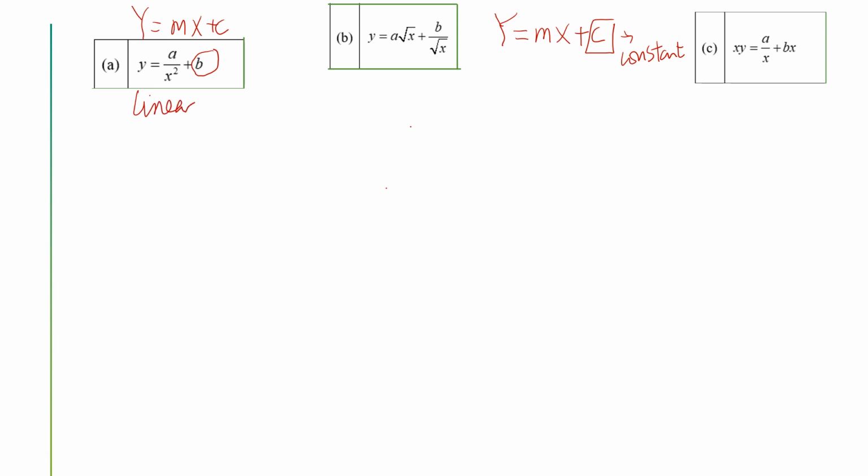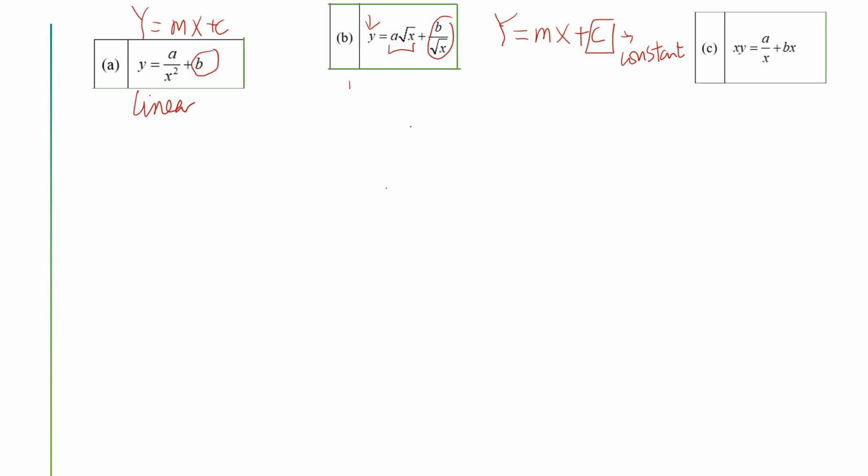But if you look at the second one, you will observe that there is no constant. This is a variable. This one is also a variable. Even though A is a constant, you're multiplying it with a variable, so it ends up being a variable also. Likewise, B is a constant, but B divided by a variable means it's a variable.